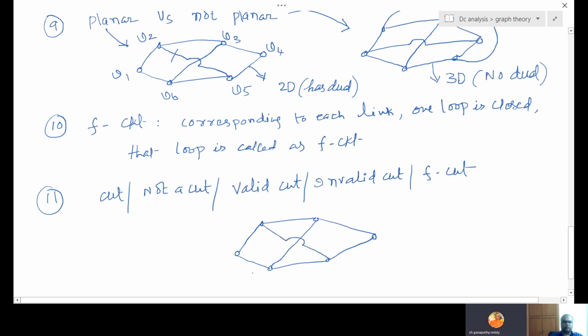So this is one example. 1, 2, 3, 4, 5, 6, 7, 8. V1, V2, V3, V4, V5, V6.